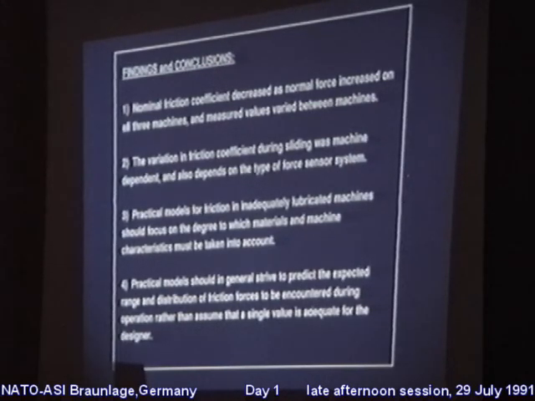During normal operation, we would expect the friction to be so-and-so. And this would allow the designer to prepare for excursions, which are not uncommon in the operation of machines. So I would suggest that maybe modeling ought to look at distributions rather than individual values of friction.